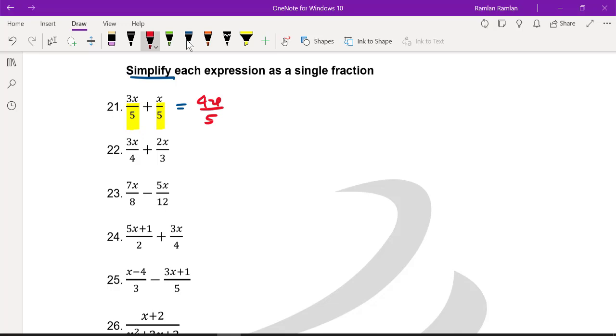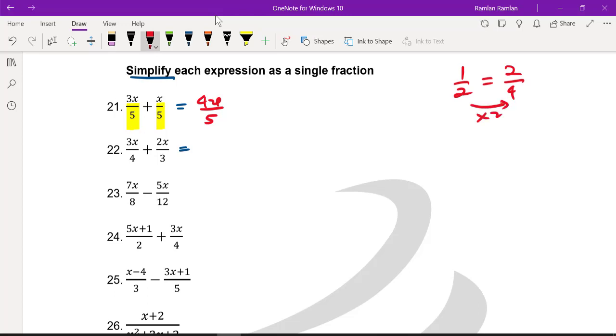Okay, how about if we don't have the same exact denominator, which is this one, 4 and 3, right? So in here, what we can do is change them so that they have the same exact denominator. How can we do that? We can use what we call equivalent fractions. For example, if I have 1 over 2, I can change this into 2 over 4, right?